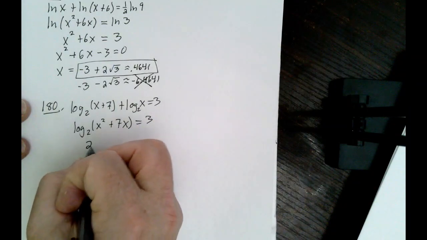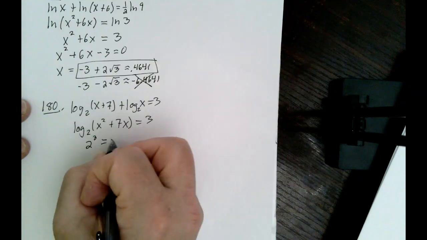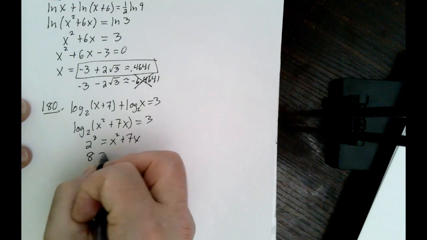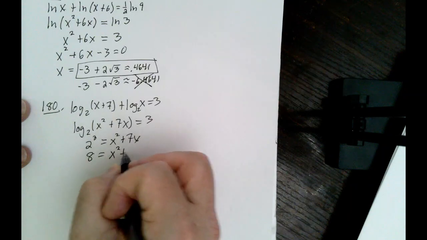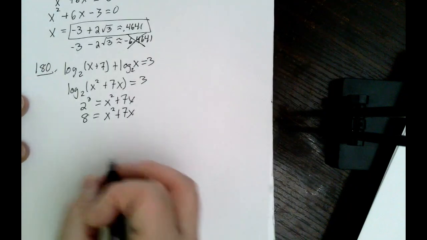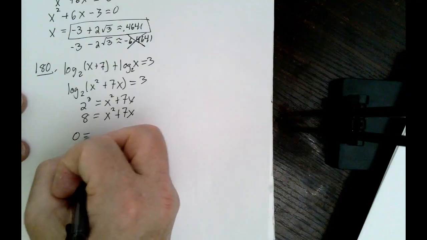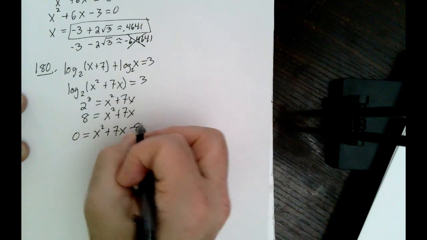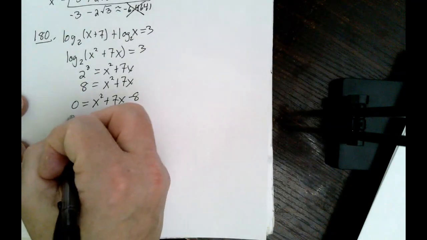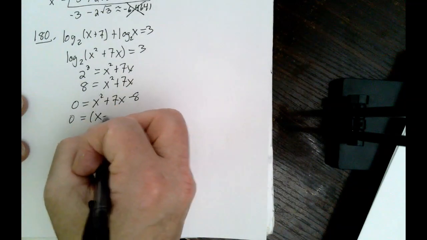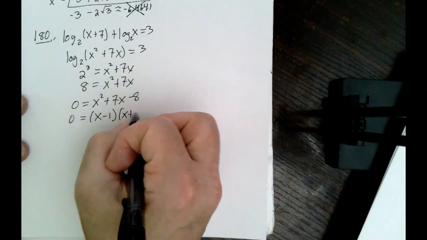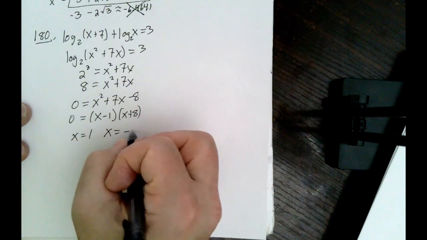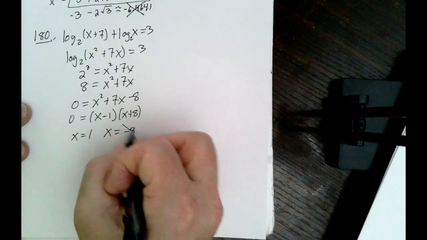So that means 2 to the third equals x squared plus 7x, or 8 equals x squared plus 7x. When you bring the 8 over, you get 0 equals x squared plus 7x minus 8. It does factor to x minus 1, x plus 8, which is going to give you x equals 1, or x equals -8. And you got to throw the -8 out.